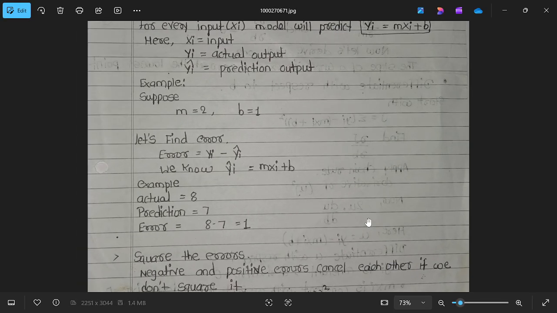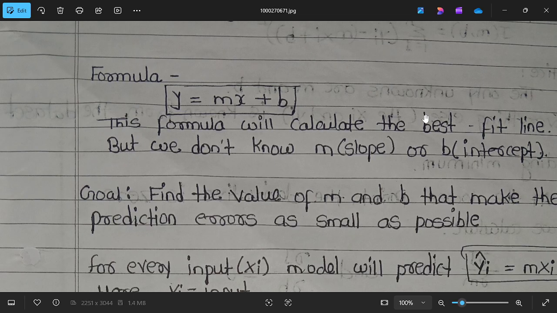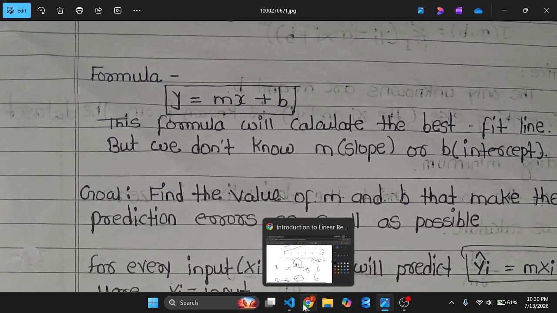As we know, y is equal to mx plus b. So this is our formula for the prediction, and let's predict this. Let me take a minute.